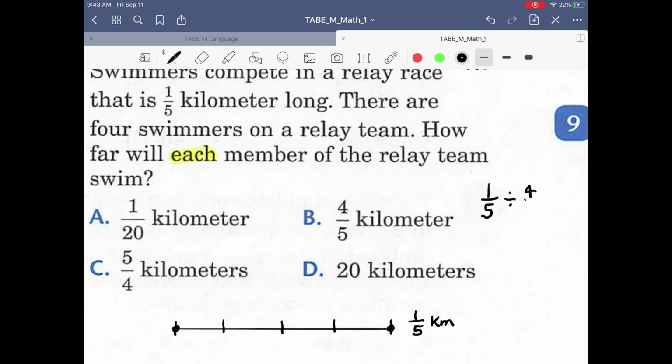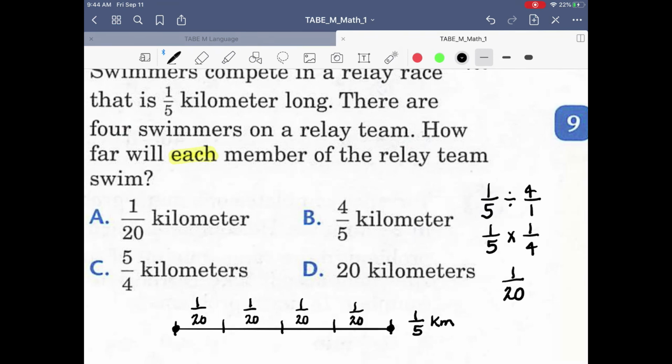Put your 1 under the 4, then flip that fraction over, get the reciprocal. So on top I have 1 times 1. On the bottom I have 5 times 4. So each person on this team will do 1/20th of the race.